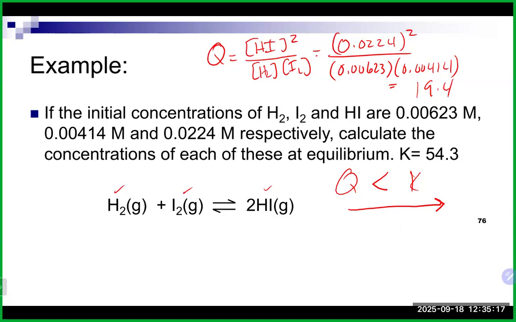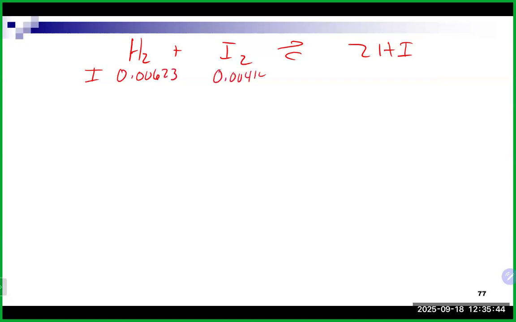All right, now let's get into the actual problem and do our ICE table. We have H2 plus I2 gives 2HI. Initially we have 0.00623, 0.00414, and in this case we actually do have a product initial concentration of 0.0224.